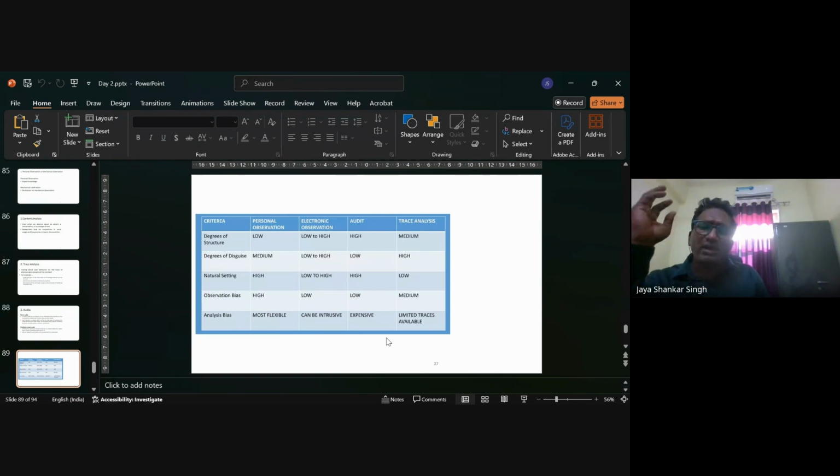Suppose I have installed a particular device to measure the speed of vehicles crossing a particular traffic light. This type of electronic observation is structured, as they are specifically measuring the speed of the vehicle. But it can be low, when randomly placed cameras are used to observe certain things.